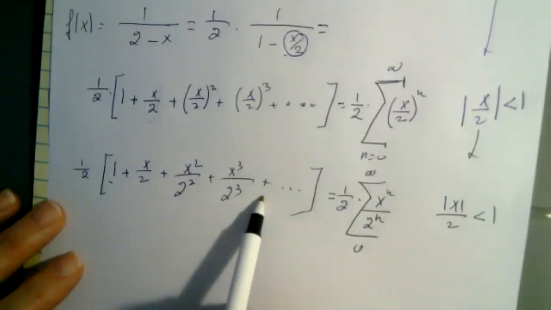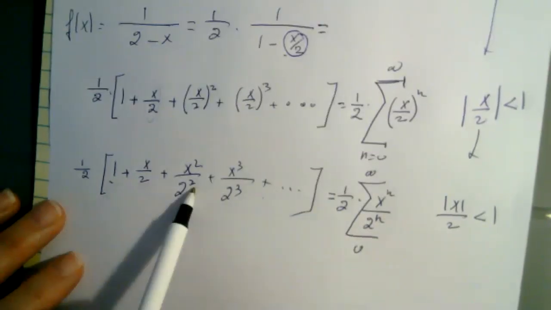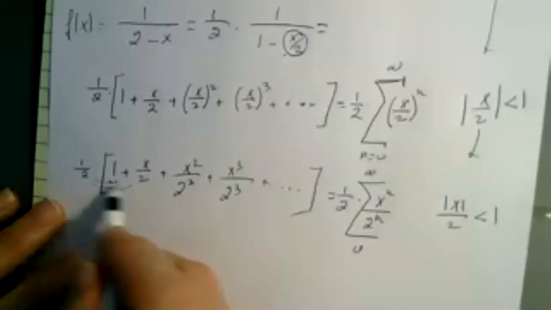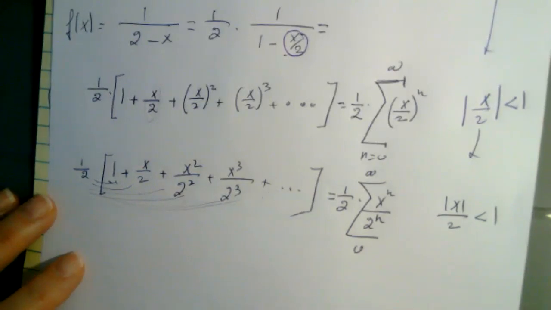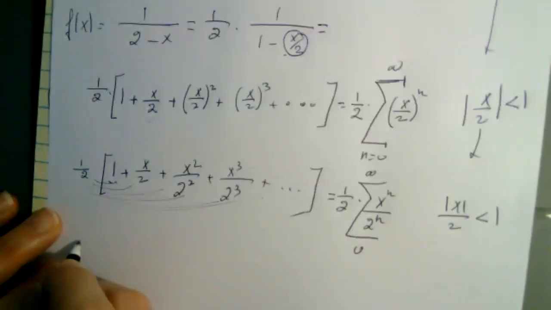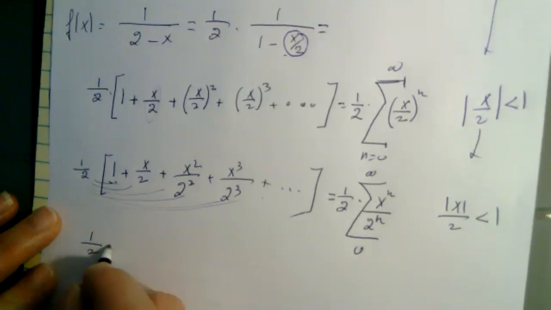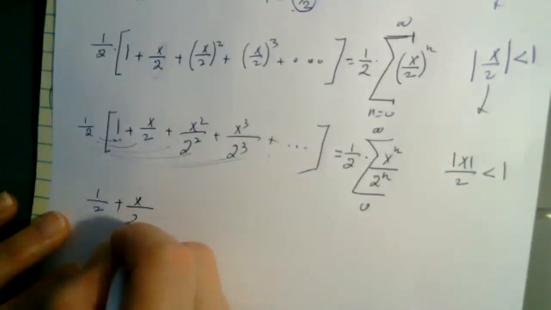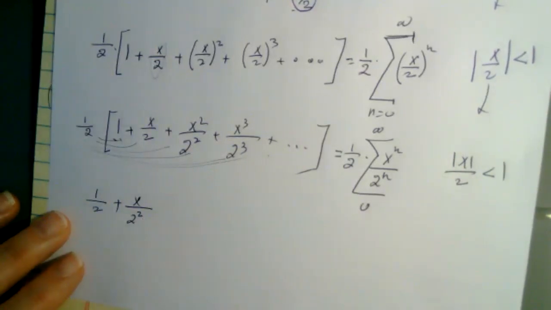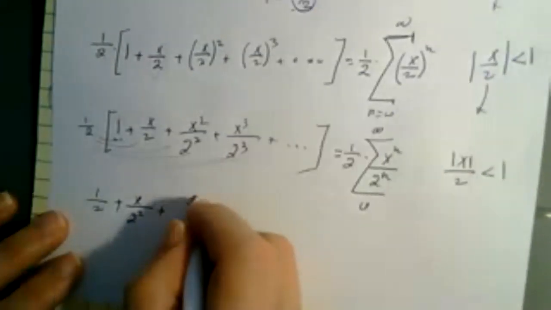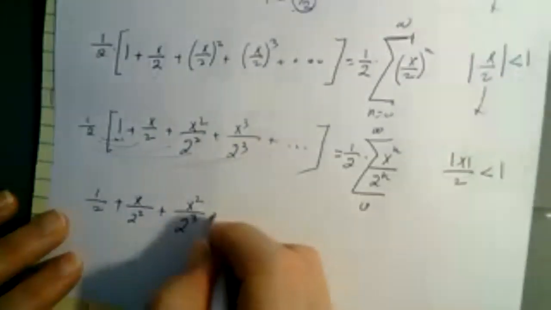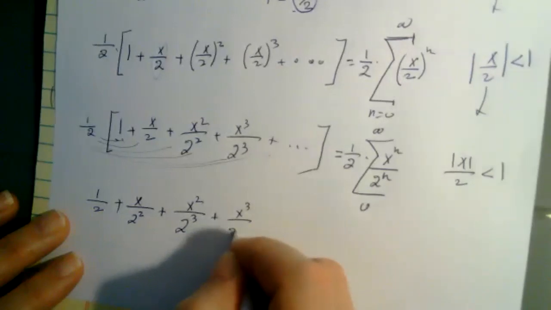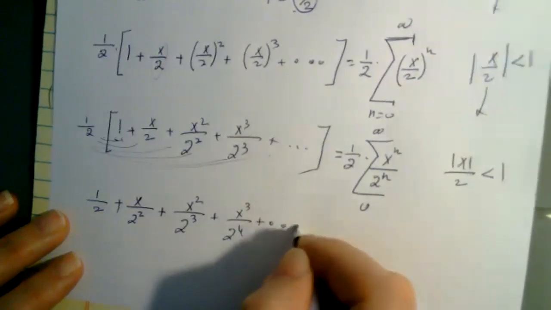This is a sum. A half times that, you just distribute the half. So if I distribute the half, I'm going to get 1 half plus, I'm just distributing, x over 2 squared plus x squared over 2 cubed plus x cubed over 2 to the power 4 plus and so on.